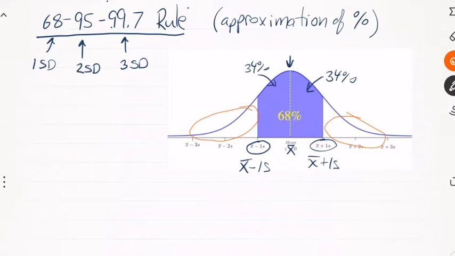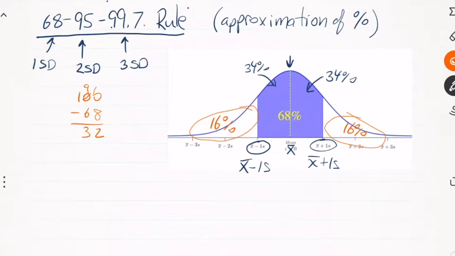Well, if 68% takes up the middle part, that leaves 100 minus 68, that would be 32%. But it's getting split into two equal pieces. So this side would be 16%, and this side would be 16%.